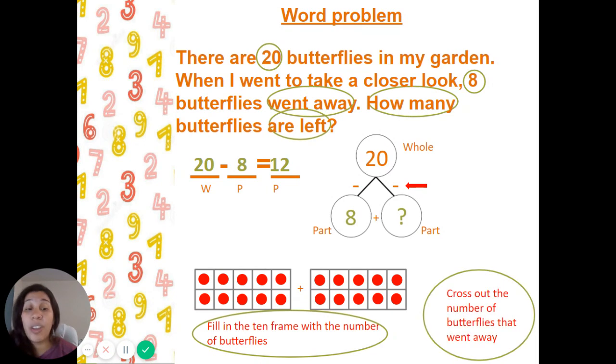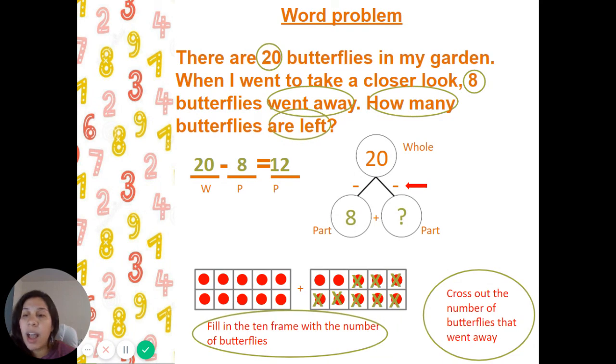Now we need to cross out the number of butterflies that went away. How many butterflies went away? 8. So we need to cross out 8 circles, 8 little dots. Okay? 1, 2, 3, 4, 5, 6, 7, 8. So we cross out these 8 butterflies that went away.